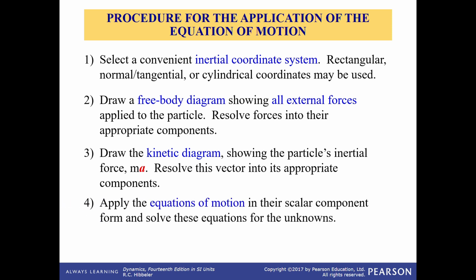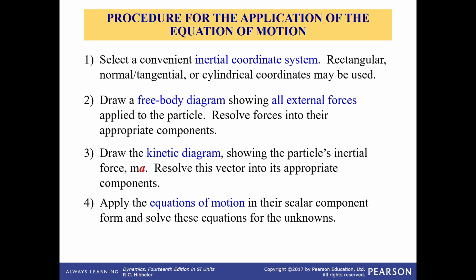Okay, fourth, apply the equation of motion in scalar component form and solve the equations for the unknowns. What is meant by scalar component form? For example, the summation of force can be referred to as Fx plus Fy plus Fz and so on, which equals max plus may plus maz.